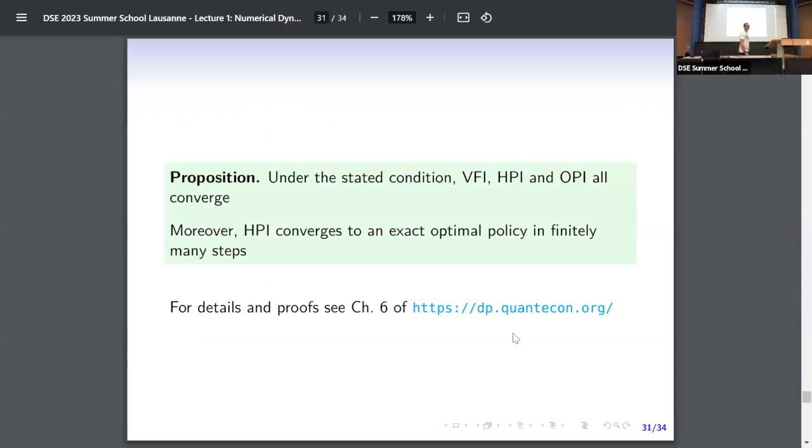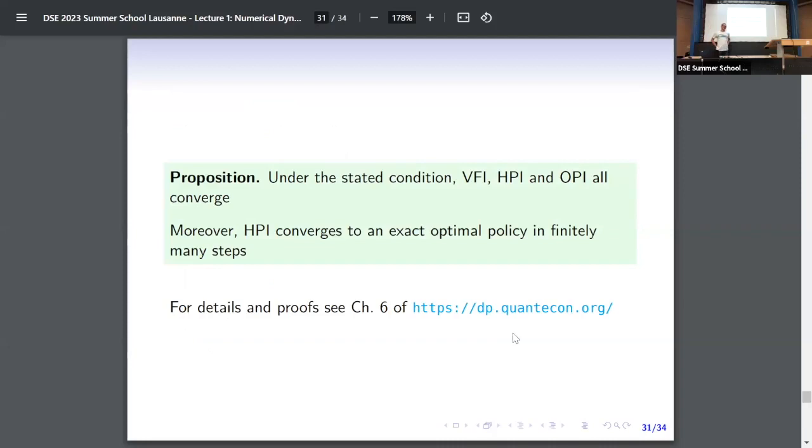So why not use HPI all the time? Is it just that it depends upon the computational cost of that step in the policy HPI? Yeah, good question. My guess is that people use HPI less than VFI because it's a little bit harder to code.